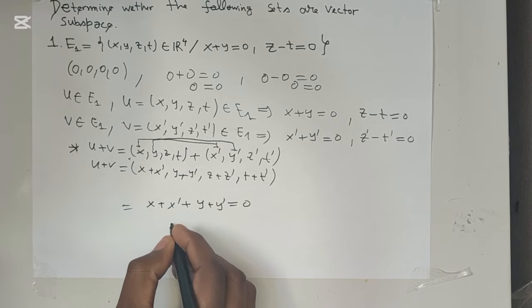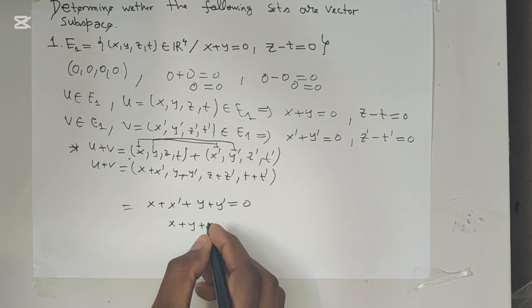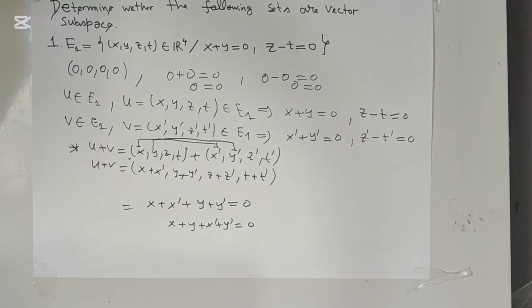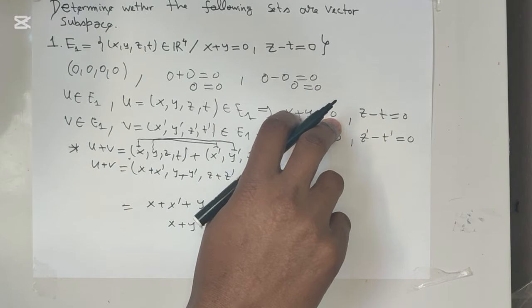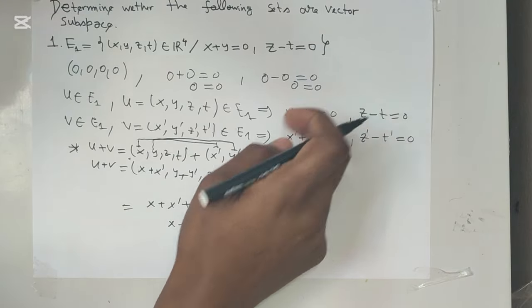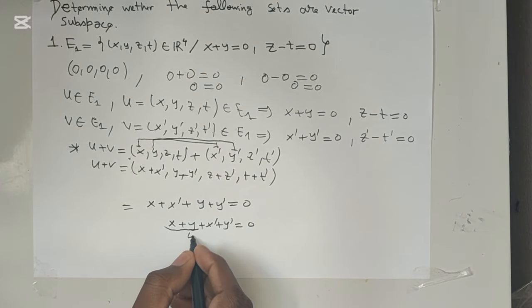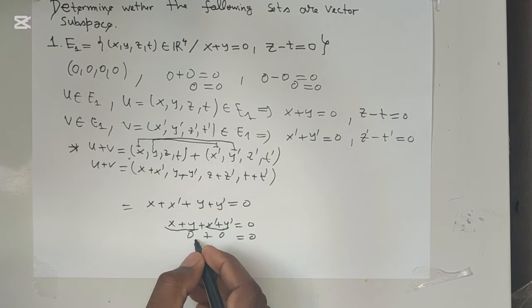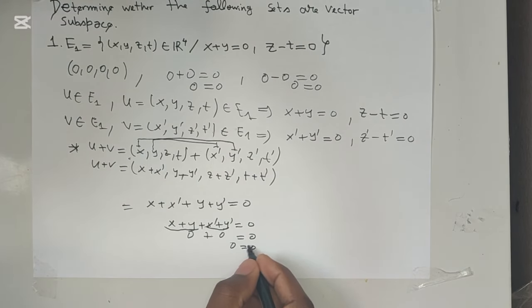What I mean by that is I can do x plus y plus x prime plus y prime equal to 0. But we have said in our hypothesis that x plus y is equal to 0, then this is going to be equal to 0, and also this is going to be equal to 0. Then 0 plus 0 is 0, which is equal to 0.